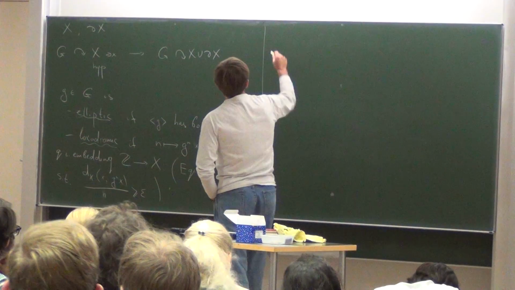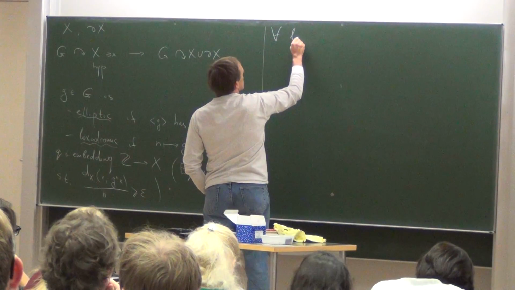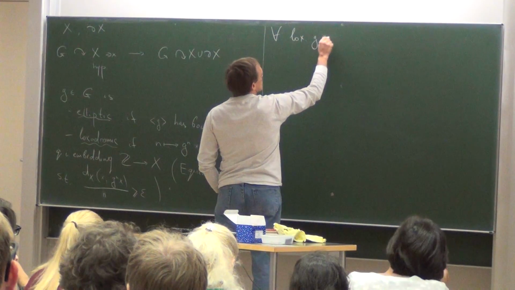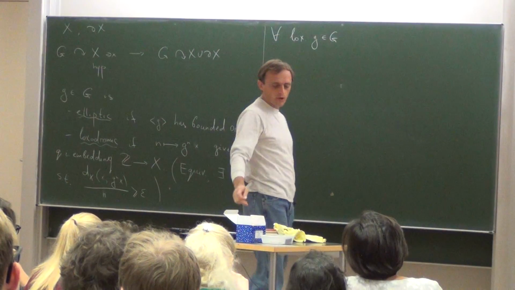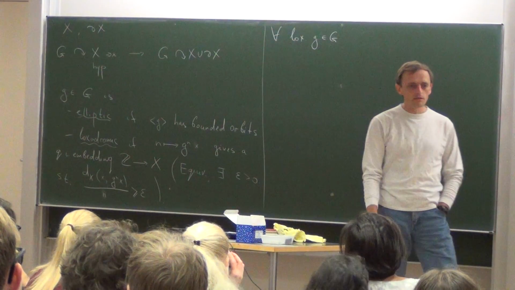Now for every loxodromic element g in G, you have exactly two limit points on the boundary.